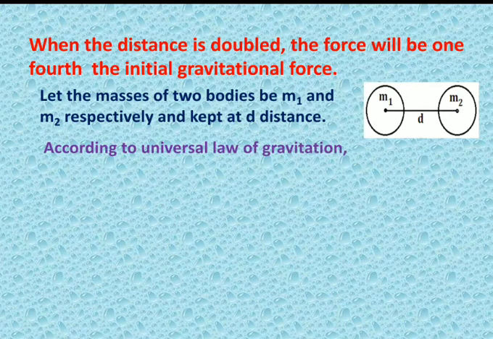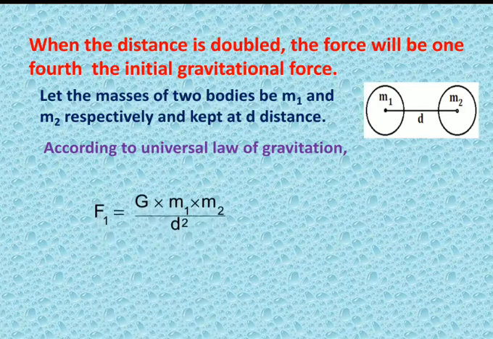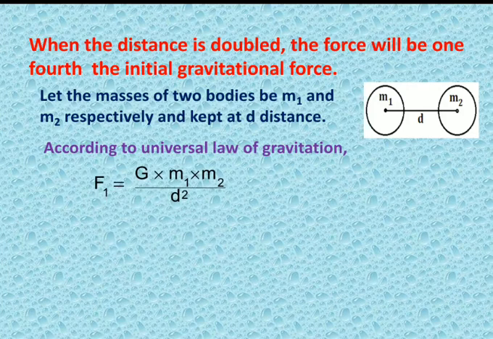According to the universal law of gravitation, F1 equals G m1 into m2 upon d square.